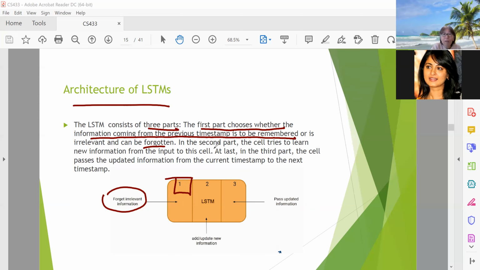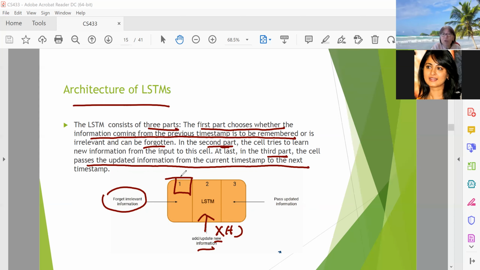And the second part is about the new information, the current information. And the third part is to pass the updated information from the current time step to the next time step. So that's the third part.